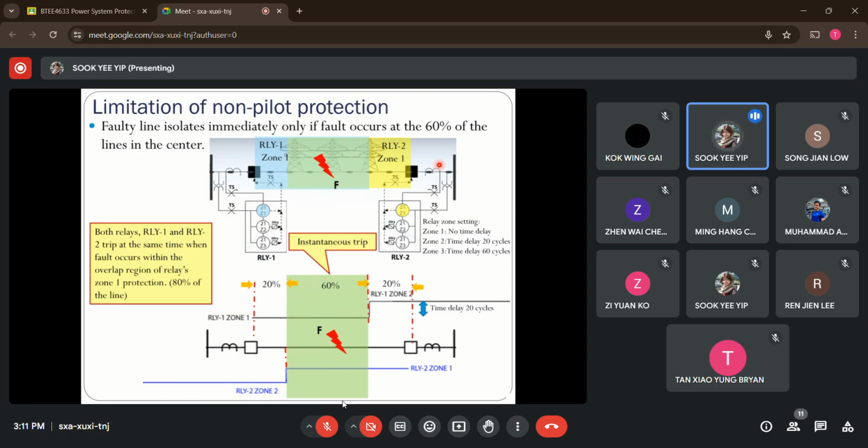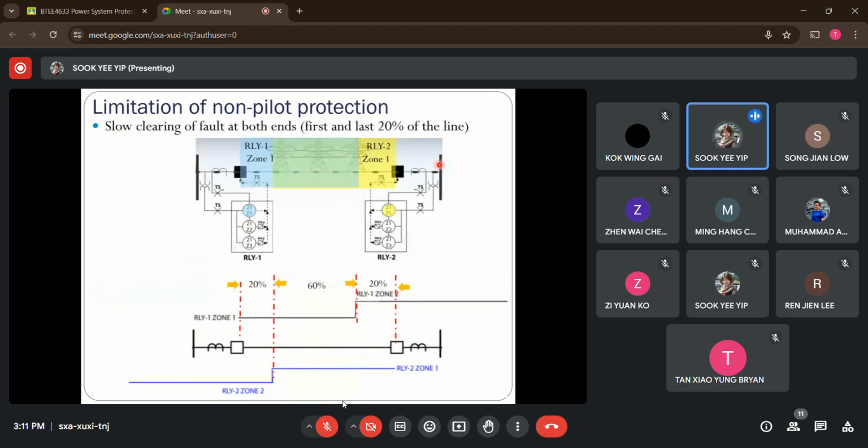Okay, so what if I change the fault location? So I have it occur either at the beginning or the end of the transmission line. So we understand that for both relay 1 and relay 2 here, each has its second zone of protection, let's say it reaches up to 120% down the transmission line.